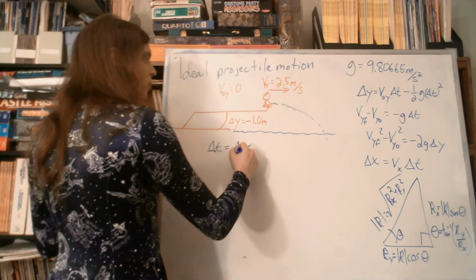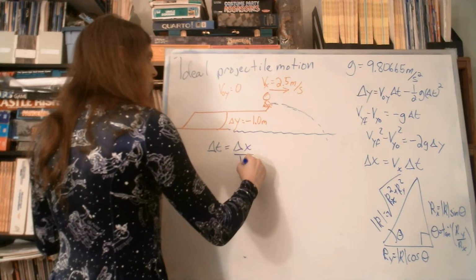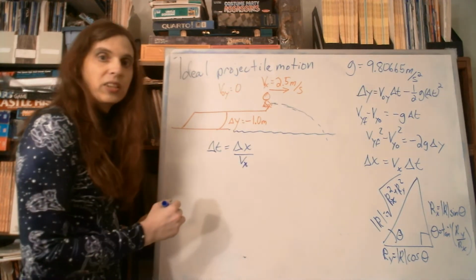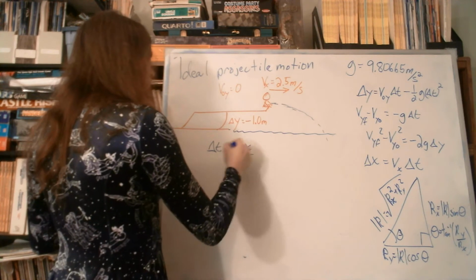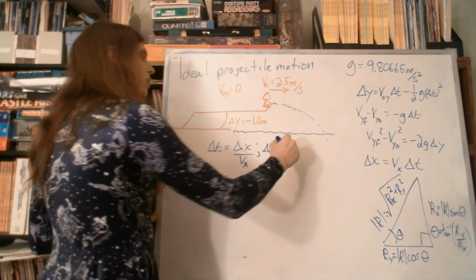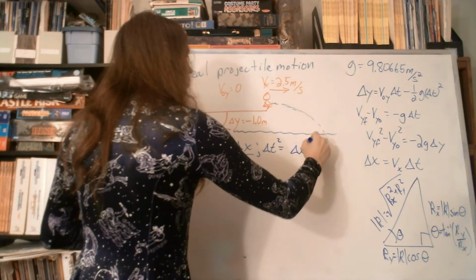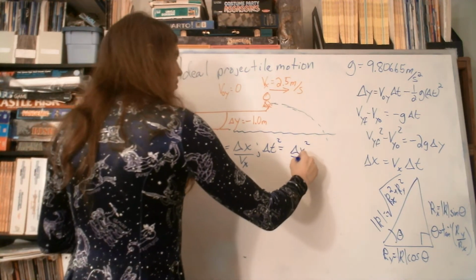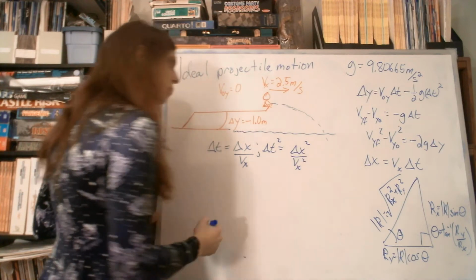the horizontal displacement divided by the x component of velocity, and then time squared would be that position squared over Vx squared.